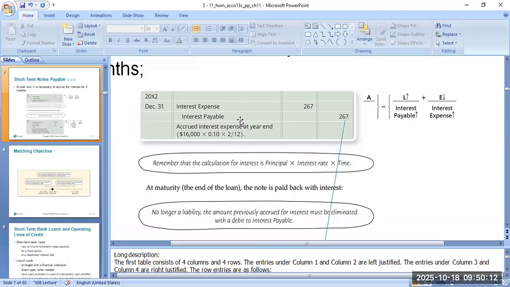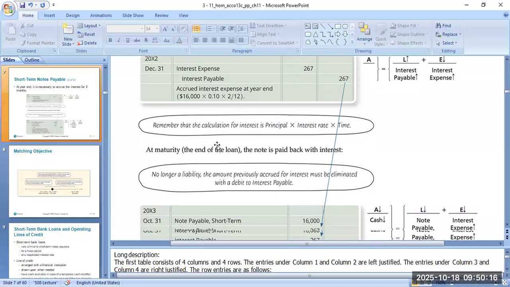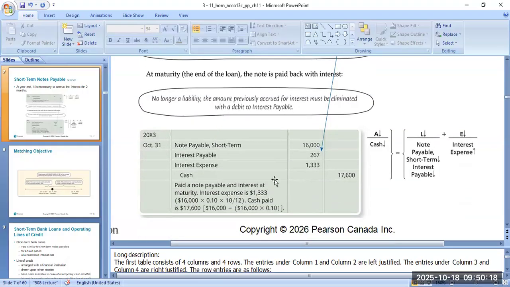Then on the payment date, which is going to be October 31st, we're going to pay for the note payable, which is 16,000, and we're going to close the note payable. Also, we have to pay for the interest, which is $1,600. But hold on a second, we already show the interest that we owe for the first 2 months.